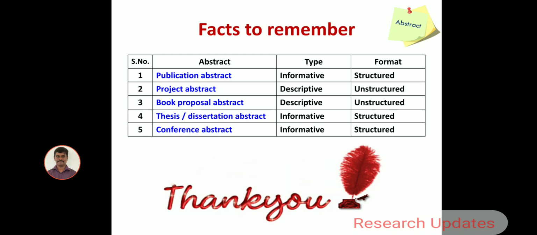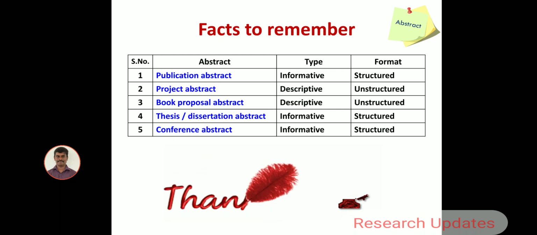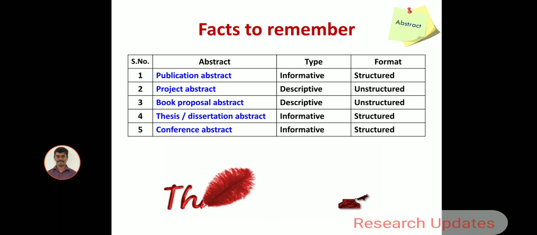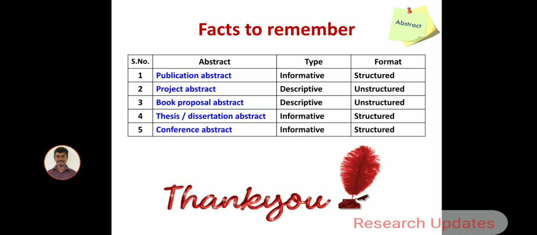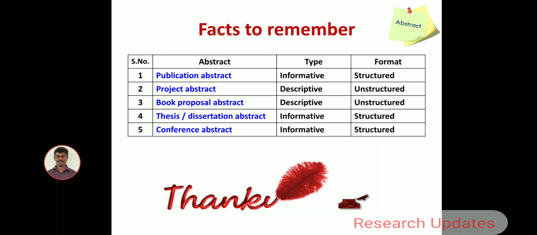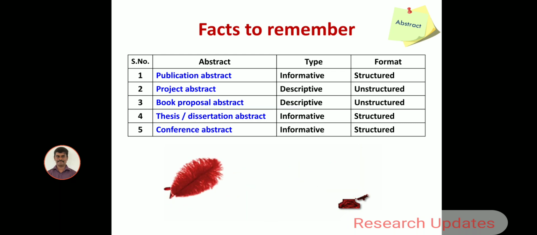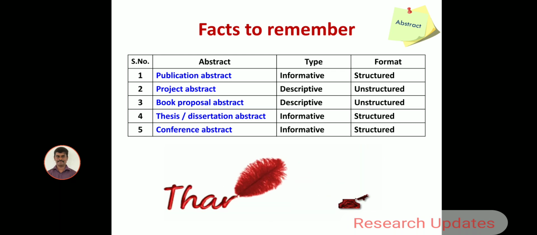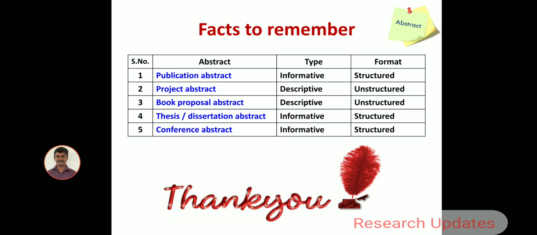Conference abstracts are informative type and the format is structured. So, these are the important facts which you have to remember while writing an abstract. Depending on the purpose of the abstract, you have to choose the type and the format of your abstract. And always remember the guidelines given by the journals or the conference organizers when you are sending your abstract.